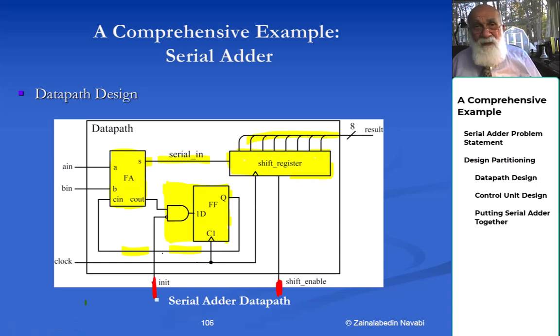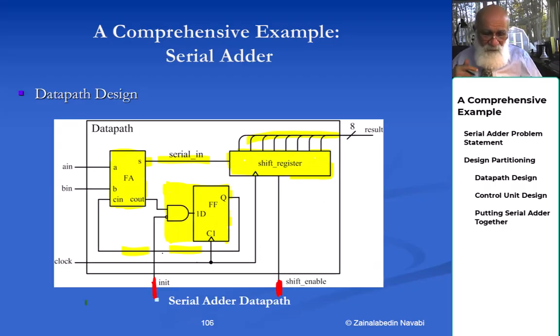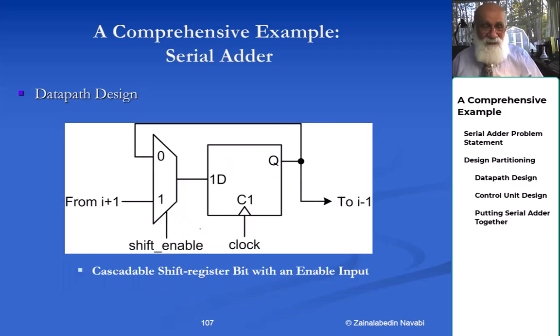I'm done with my data path design, and I'm just doing one more step for my data path. I said that full adder, you know what it is. The flip-flop, you know what it is. Shift register, you can either decide that yeah, I know what the shift register is, just put flip-flops next to each other. But if you want to get more into the details of the shift register, this is more detail of the shift register.